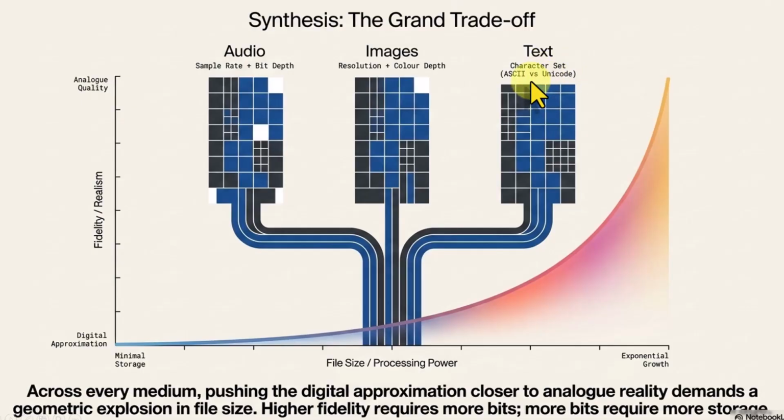ASCII uses a lesser number of bits per character and Unicode uses more. Okay, so we have got that. So across every medium, pushing the digital approximation closer to analog reality demands a geometric explosion in file size. So higher fidelity requires more bits, which require more storage. I hope you have understood that very well.